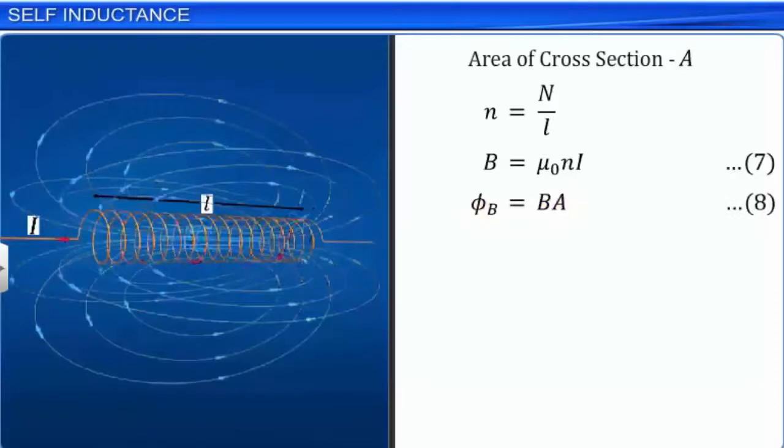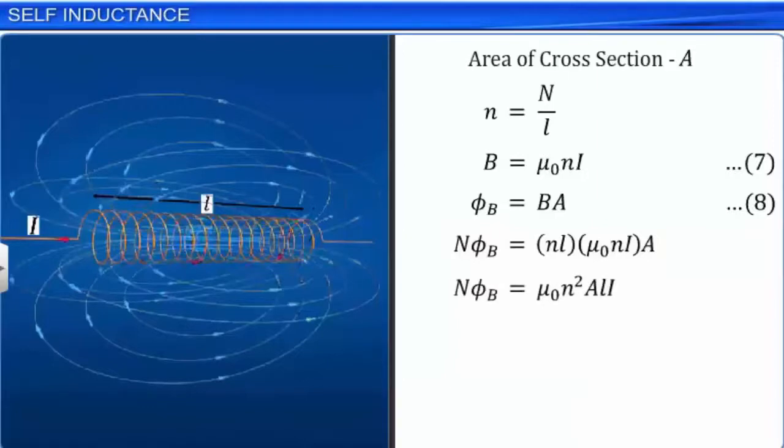Using equation 7 and equation 8, we get the total flux linked with the solenoid, NΦB, equal to n l into mu naught n I into A. Simplifying the expression, we get NΦB equals mu naught n squared A l I. Let this be equation 9.